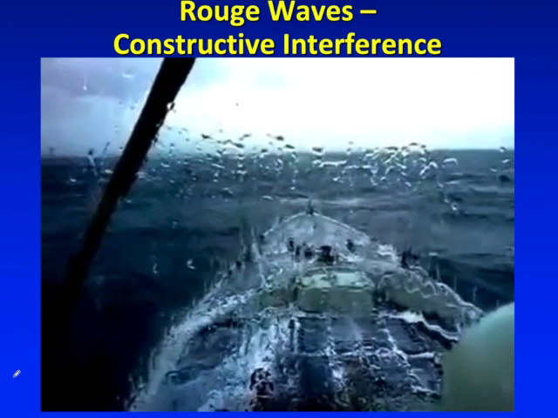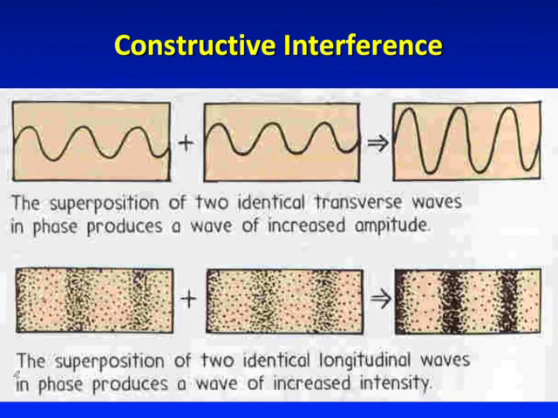It's just the idea that you can have constructive interference between a bunch of different waves. I just want to show you again, in sort of an analogy. You've got 2 transverse waves up here, and they add together because they're in phase, and you end up with a transverse wave that's twice as large. Here it is represented as a longitudinal wave, as a series of compressions and rarefactions.